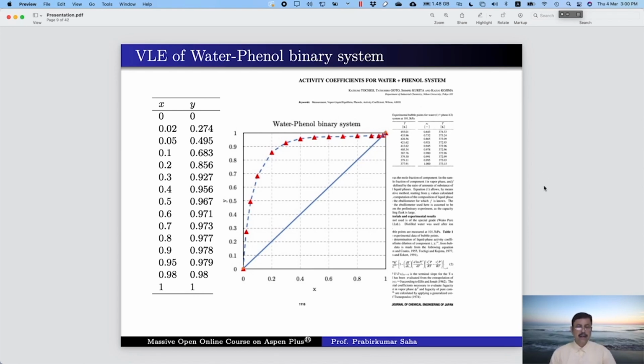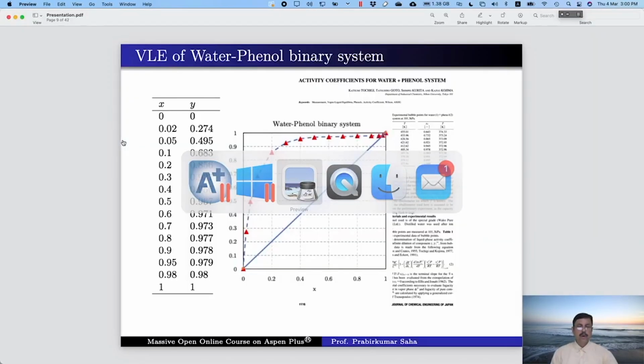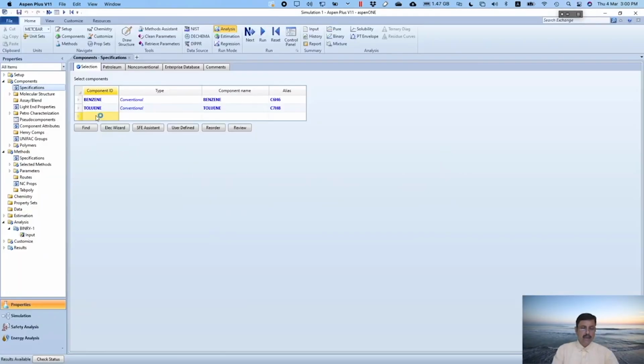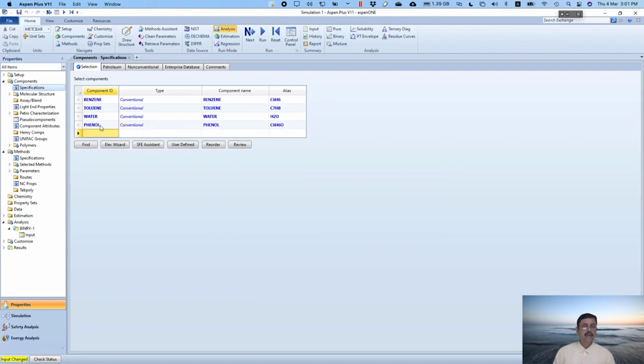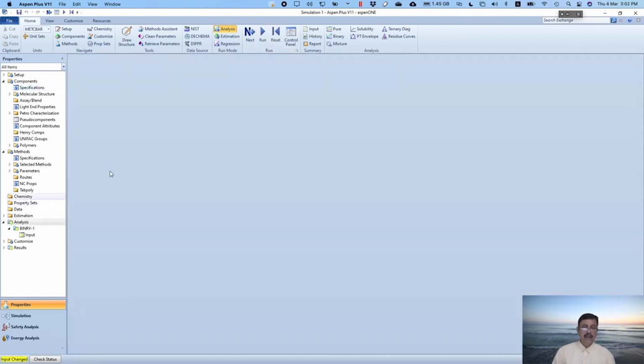For that, let us go back to components, and write water and phenol. Now the model is there, run. Again you take this binary analysis over here.